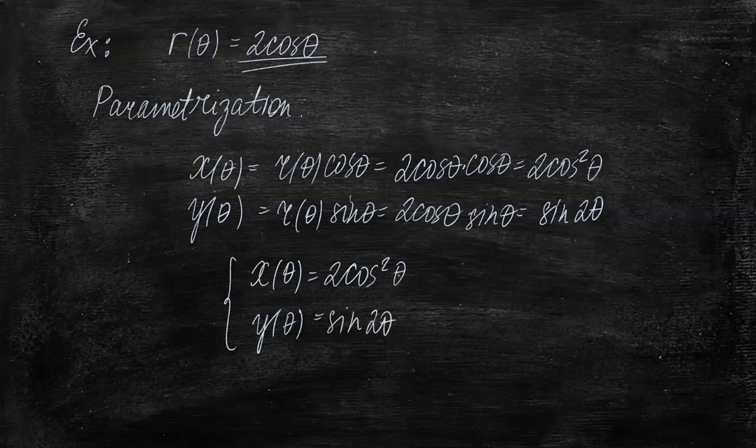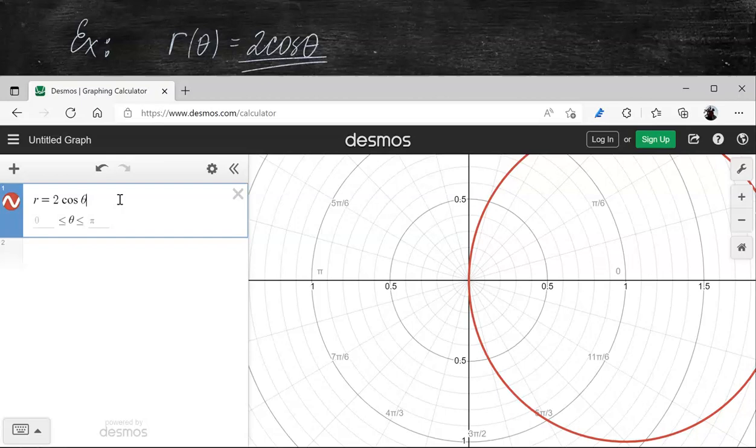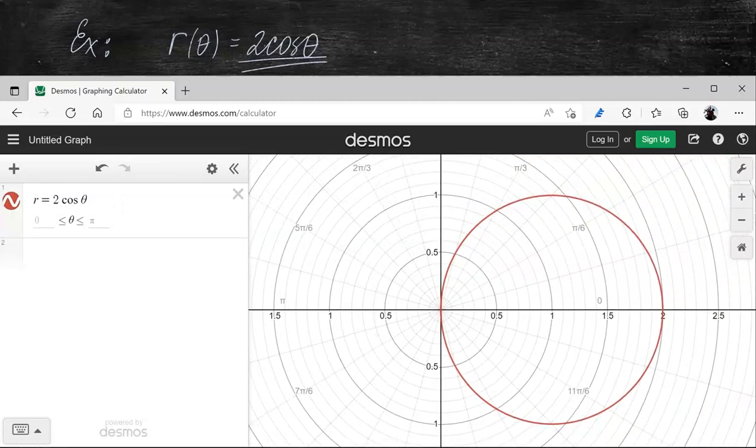So that means if we use Desmos to graph, we can use either one of these representations of this curve. So let's try. Graphing this in Desmos gives us a circle centered at (1, 0). And let's graph the parametric curve.